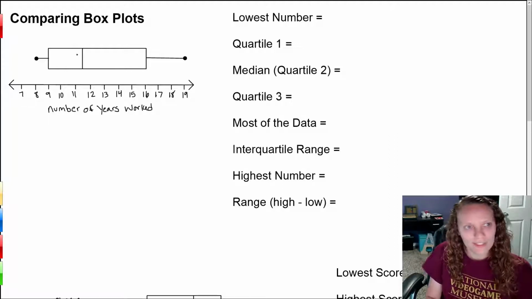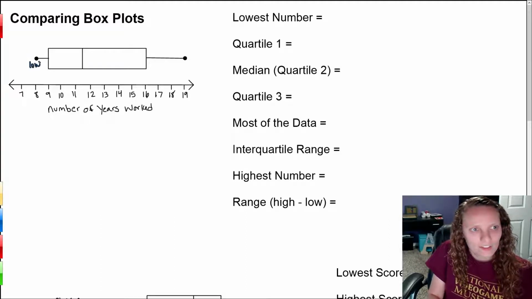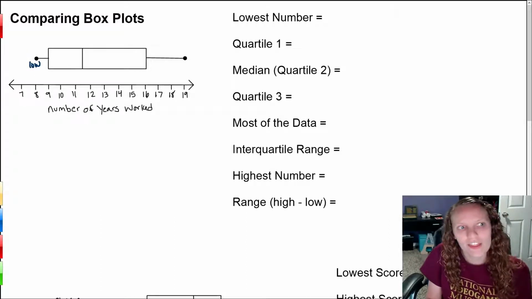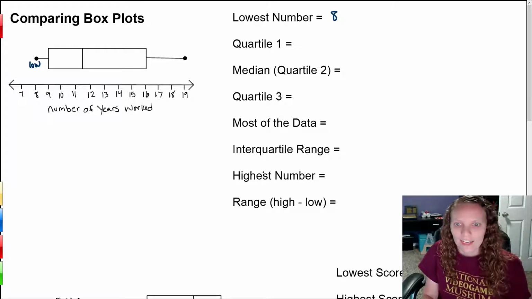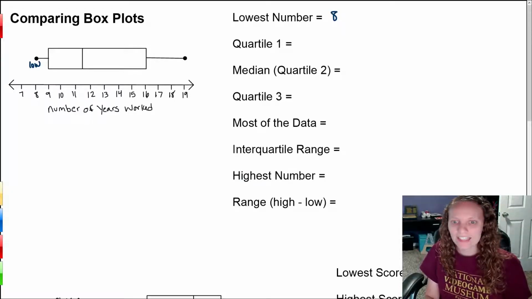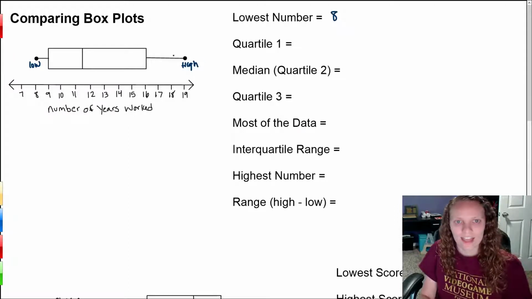The lowest number is this very end dot on the left. This is where you'll find the lowest number, and the lowest number is located above the 8. The highest number would be this other end dot on the right side, and that number is above the 19.